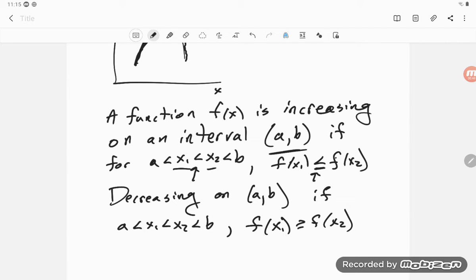Okay, and so that's what we have in our definitions.